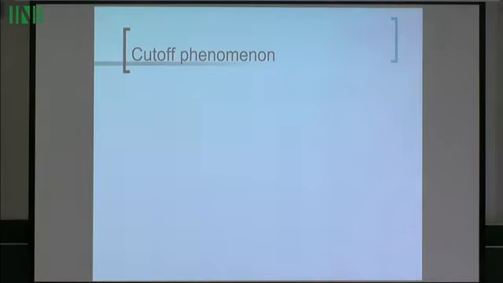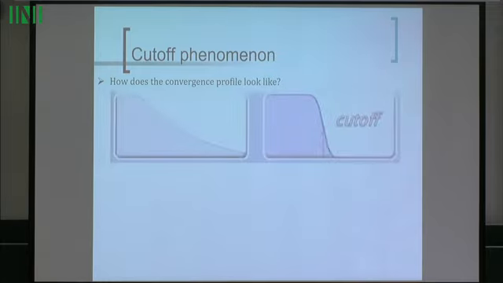So now let's talk about the cutoff phenomenon. Let's say we are plotting our total variation distance with respect to time. Then we can expect several types of convergence behaviors. For instance, our Markov chain might converge to equilibrium slowly and steadily, like in the first picture.